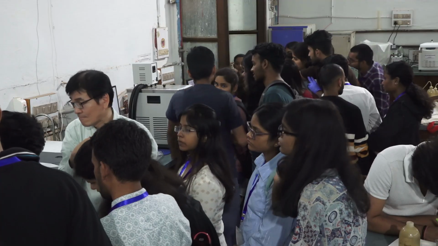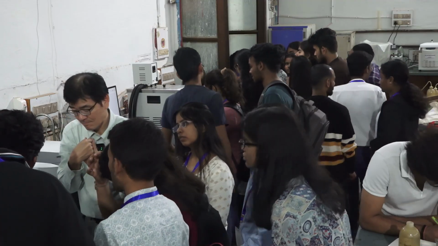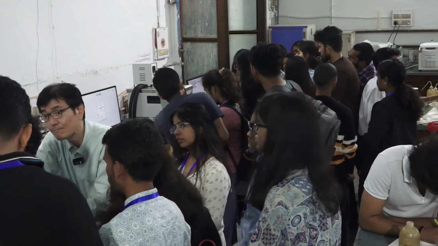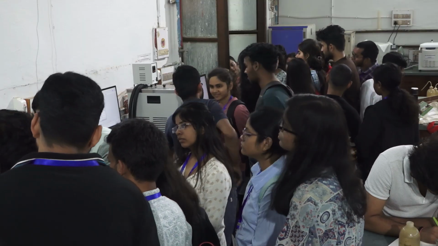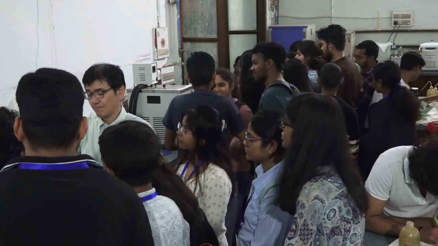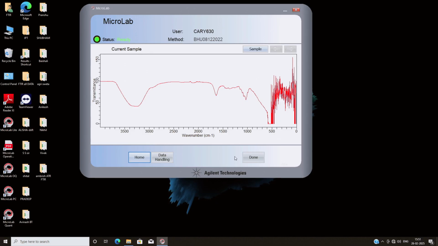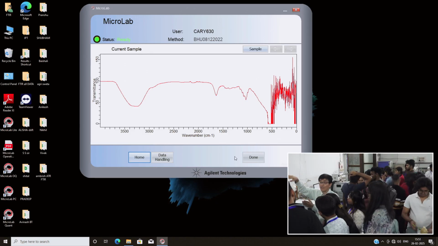What about the prisms, silicon prism and germanium prism? What aspect differs between them? The refractive index is different, so accordingly the total reflection angle is different.